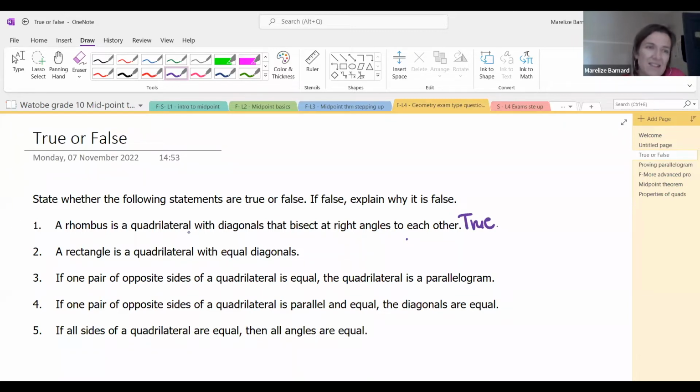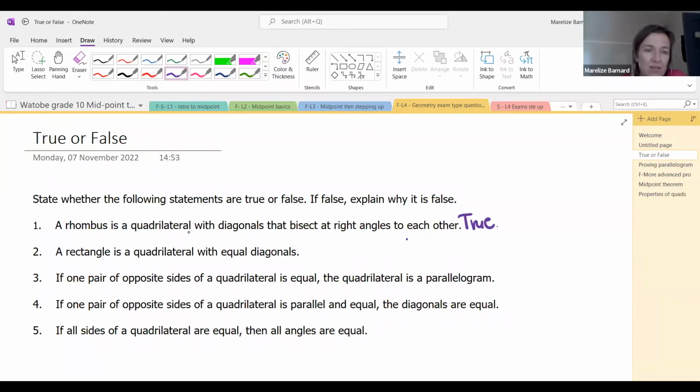Okay, yes, Leah, you're right, it's true. So those of you who said false, yeah, it's true. It's important that you know these properties for your paper 2 backwards and forwards, okay? Definitely bisects at right angles, a rhombus. Okay, let's go on to the next one.